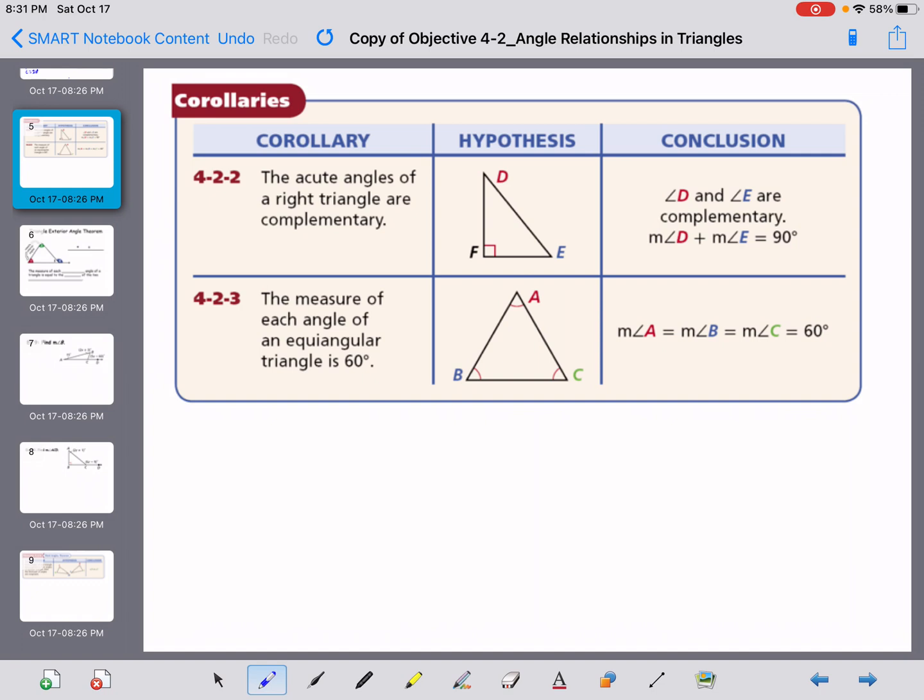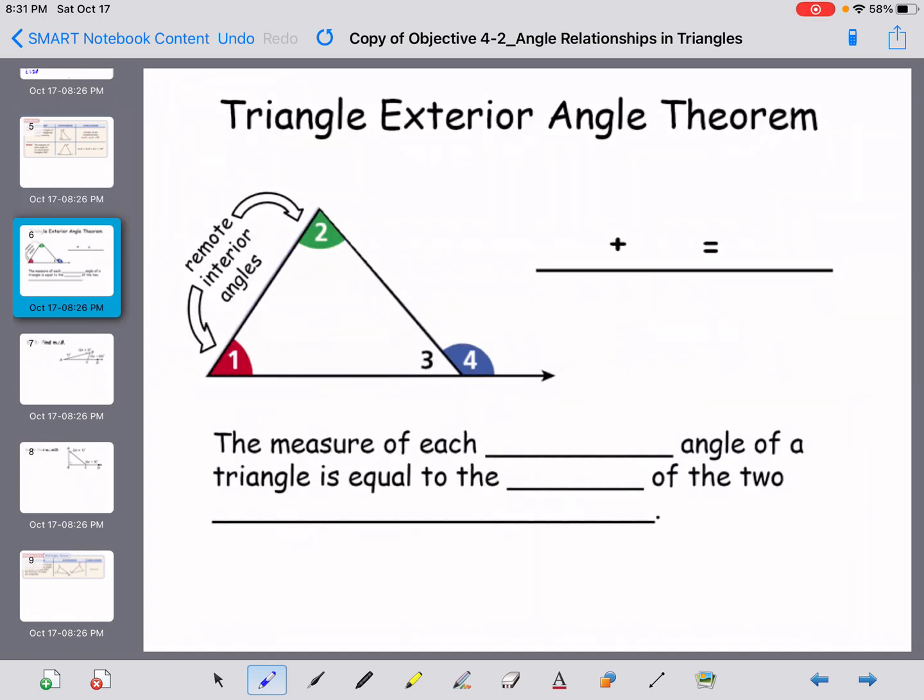All right. Now, we're going to look at the triangle exterior angle theorem. So we have this triangle here. 1, 2, 3. Notice those angles are on the inside of the triangle. And then we have an angle on the outside labeled angle 4. So, if we were to add angle 1 and angle 2 together, those two angles added together would equal angle 4 that we see on the outside.